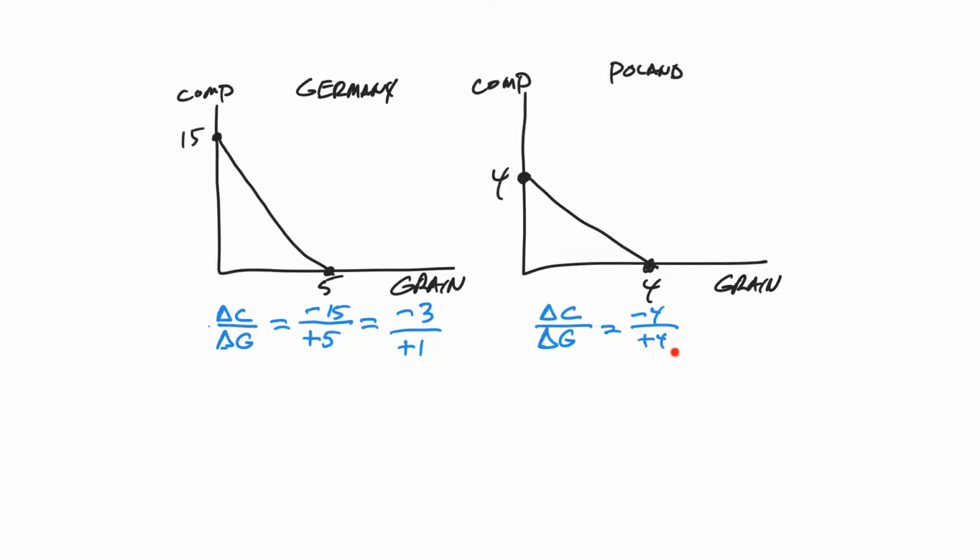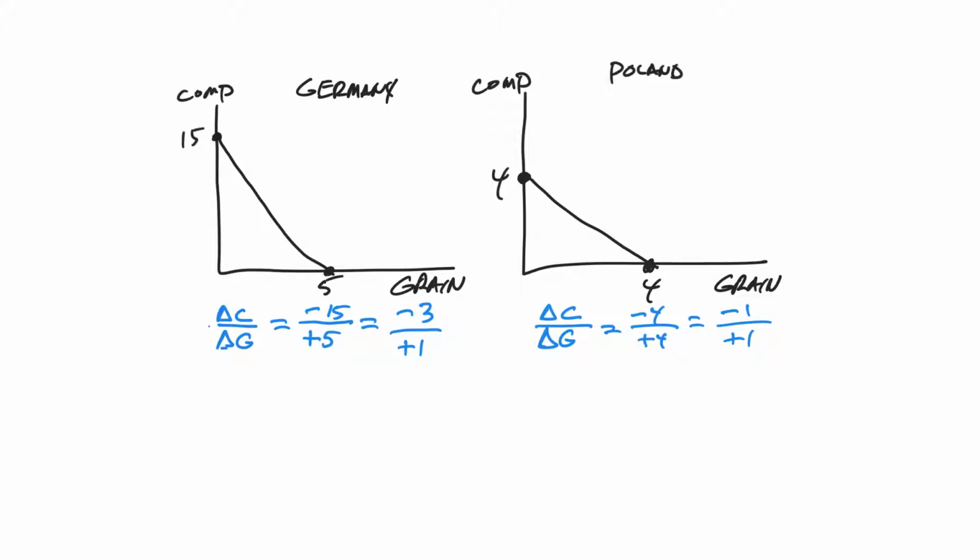So we know that in Poland, 4 grains cost them 4 computers. Divide that and we get -1. We add the 1 there in the denominator just to make it easy to compare. So 1 grain costs them 1 computer.